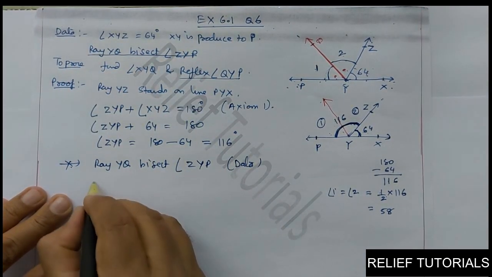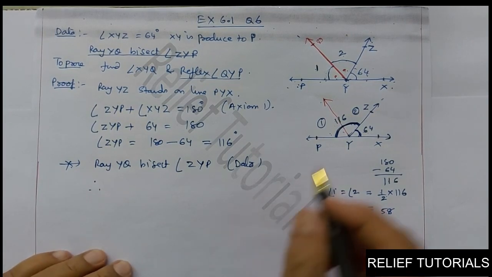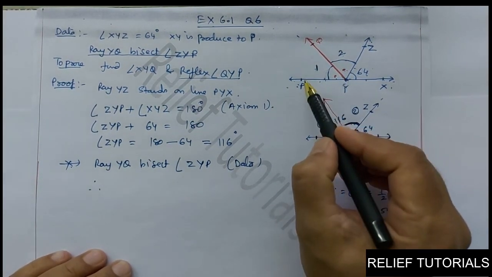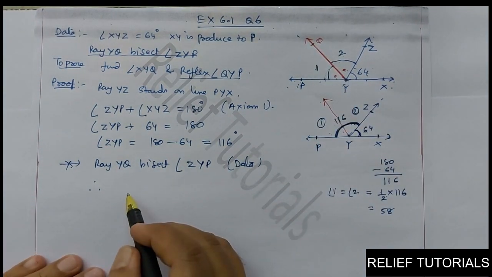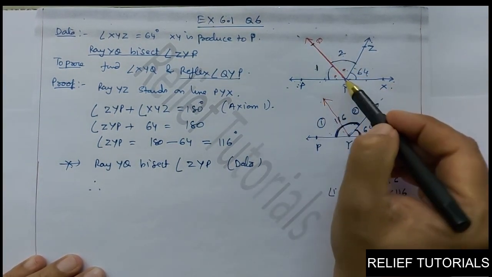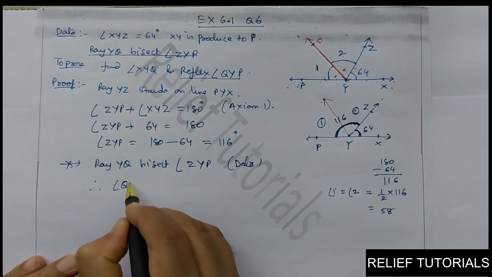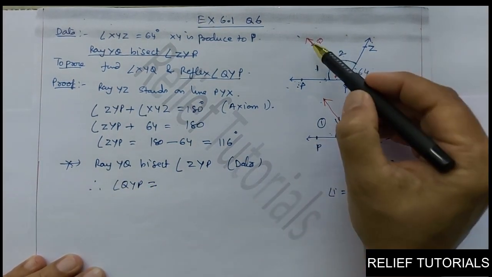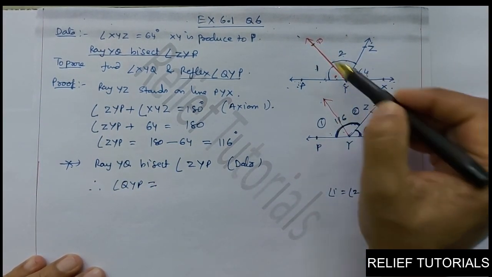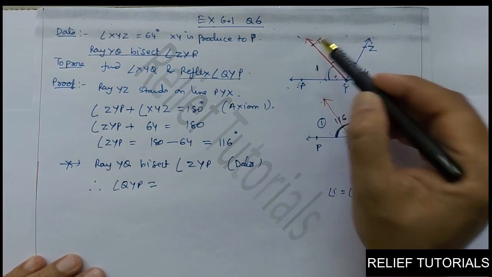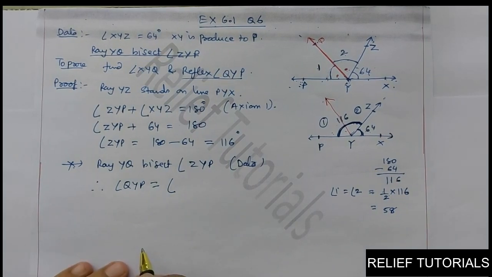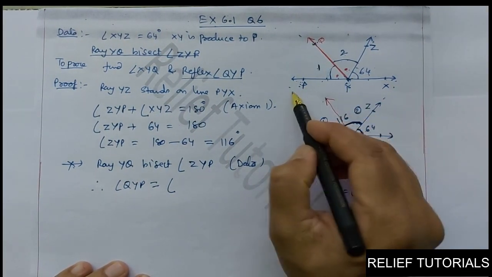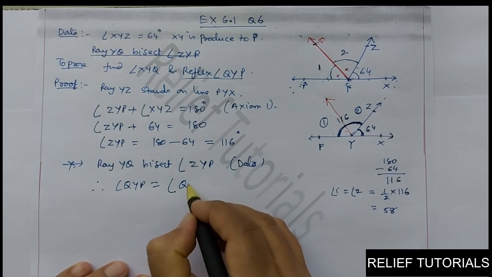So therefore I can say angle PYQ, or I can say angle QYP, whatever it may be, angle QYP is equal to angle ZYQ.